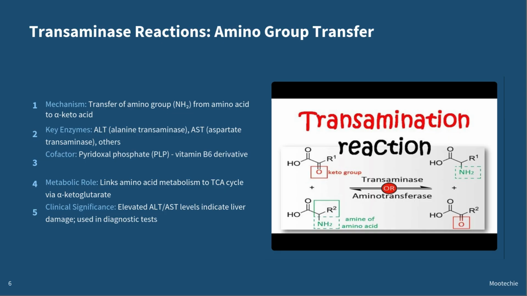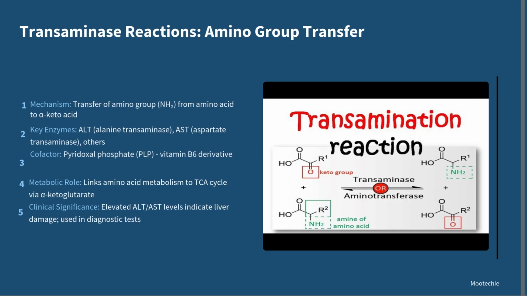These reactions require a cofactor called pyridoxal phosphate, or PLP, which is a derivative of vitamin B6. Their metabolic role is critical. They link amino acid metabolism to the TCA cycle via alpha-ketoglutarate. And they have major clinical significance. Elevated ALT and AST levels in blood tests are key indicators of liver damage, making them vital diagnostic tools.